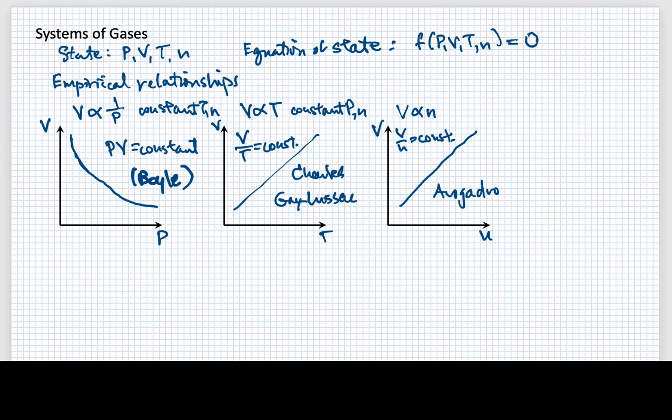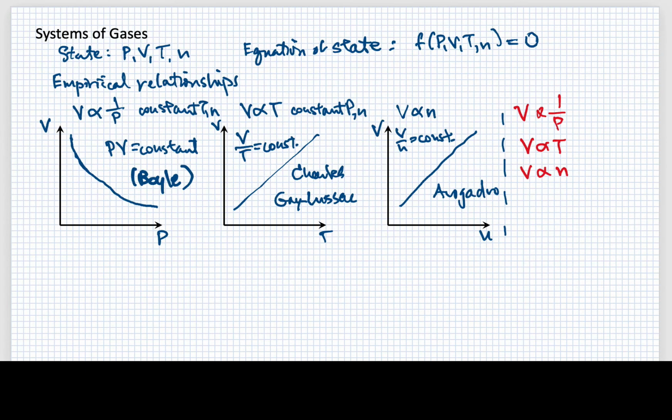So we have these three empirical relationships that have been discovered over time, and let me summarize them over here, and I'm going to draw them in red because we want to highlight these. Volume is proportional to 1 over pressure. Volume is proportional to temperature, and volume is proportional to the amount.